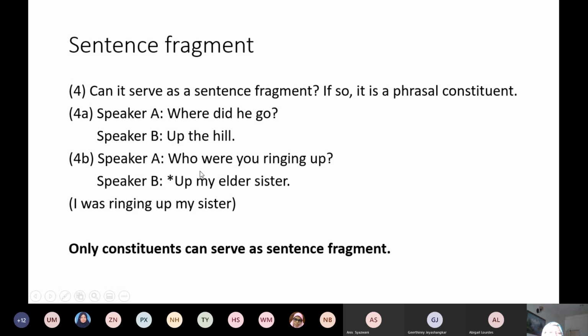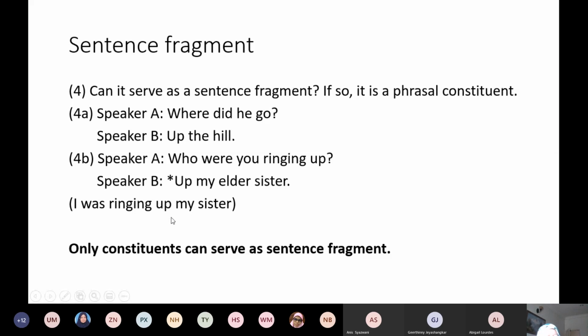So he brings it to a sentence fragment where the question is, who were you ringing up? And then he puts in the answer, which is the thing that he wants to test, up my elder sister. So that's not grammatical.